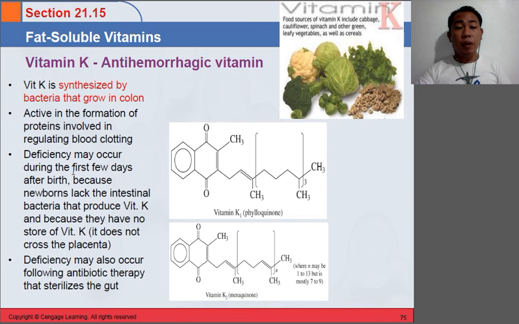Deficiency may occur during the first few days after birth because newborns lack the intestinal bacteria that produce vitamin K and because they have no stored vitamin K in the body. Deficiency may also occur following antibiotic therapy that sterilizes the gut. Again, vitamin K is produced by the bacteria grown in our colon.